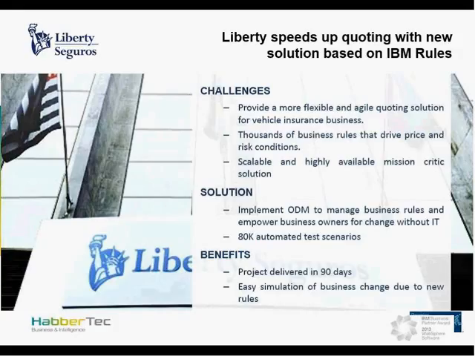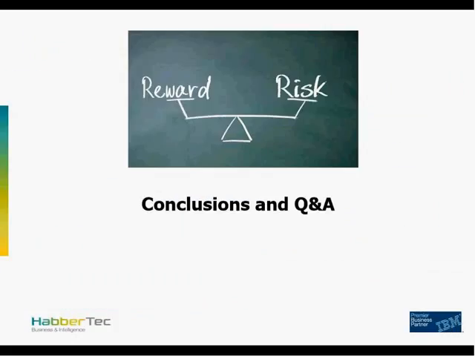So as they change their policies, they can see what happens to price and possibly what happens to acceptance and underwriting policy as they change their rules. It's a very interesting project as well.